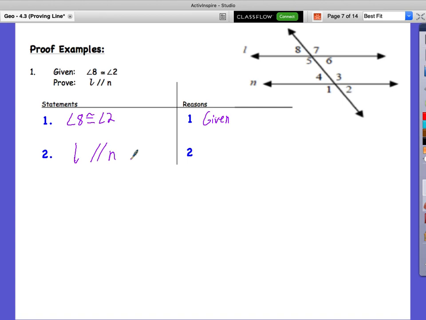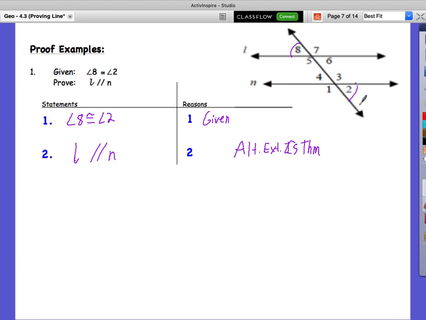Let's mark our information. Angle A is congruent to angle 2. What kind of angles are these? Alternate exterior angles. So in order to prove the lines parallel, what would we use? The alternate exterior angles theorem would say, if the lines are parallel, then these are congruent.